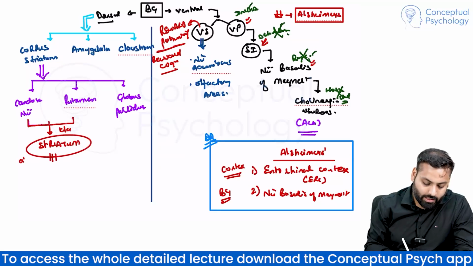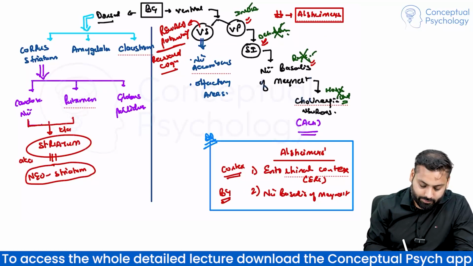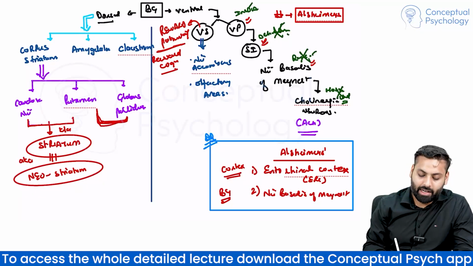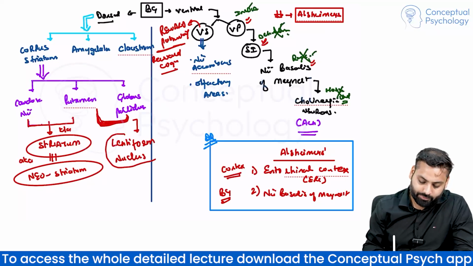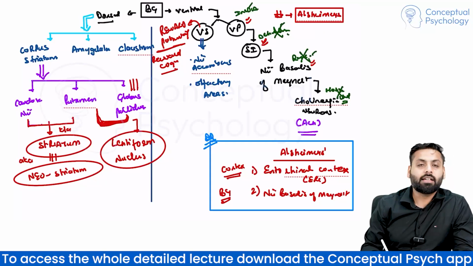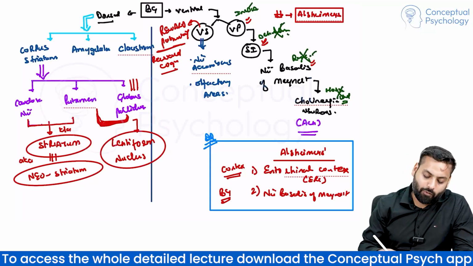and also known as Neostriatum. Putamen and Globus pallidus together is known as lentiform nucleus. And what is the other name of Globus pallidus?